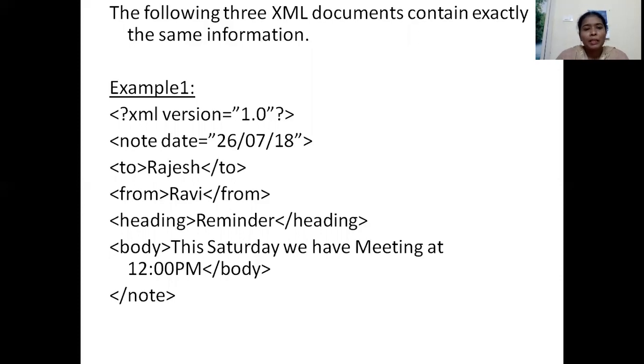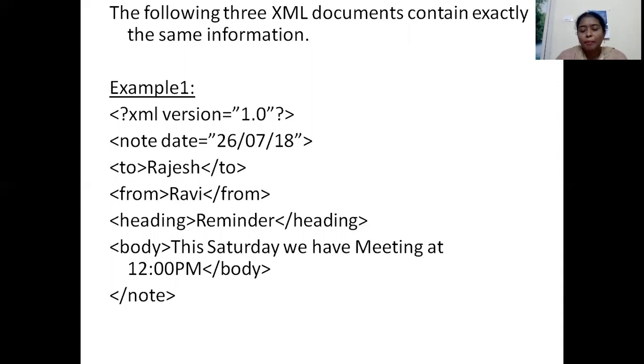This example gives the information that on a particular date, a person is sending a reminder that this Saturday we have a meeting at 12 p.m., from a person called Ravi.